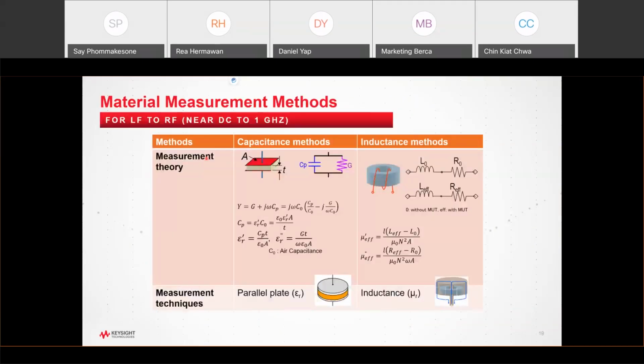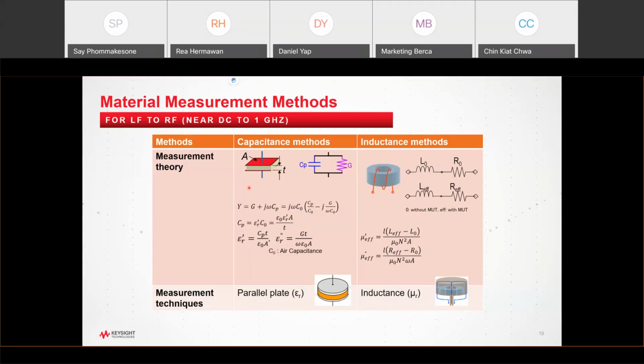Okay. So for low frequency, up to 1 gigahertz, there are two types of measurement. One we call measuring capacitance, and another called measuring inductance. If you're not familiar with the electronic terms for bioengineering, that's okay. So there are two measurement methods.